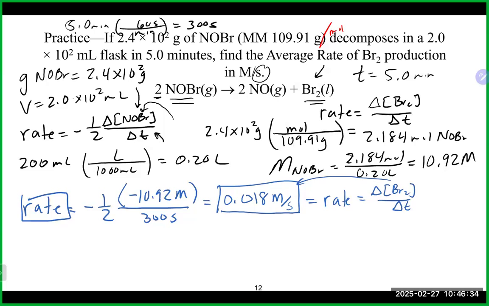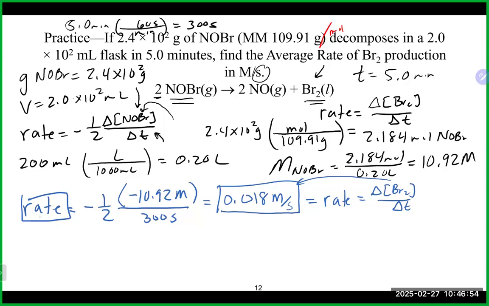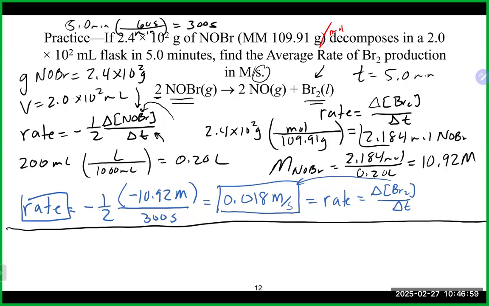So as I mentioned before, this is a good way of doing it because it does sort of do the stoichiometry and the kinetics together. As I mentioned before, if you'd rather just take a stoichiometry approach first and then put the kinetics in, you can. To demonstrate how you would do that in this problem, we could just do what we did originally, which was get the moles of our NOBr.